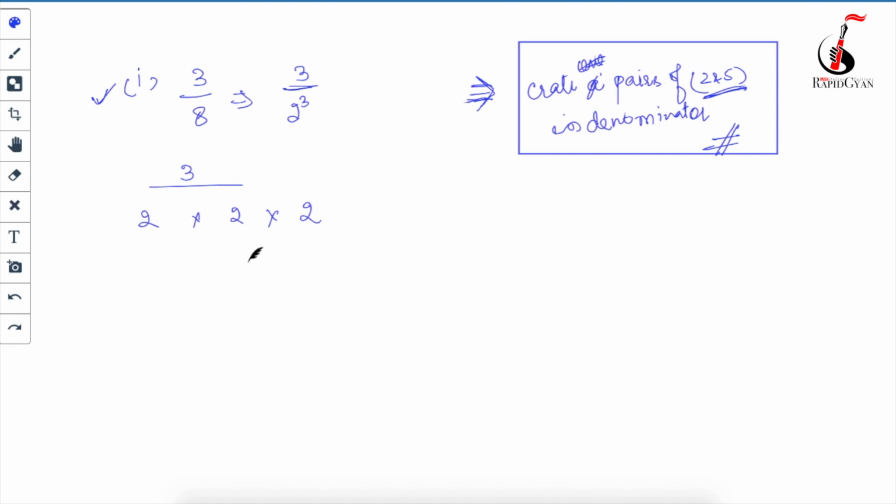In the denominator, only the pairs can exist. Alone 2 cannot exist, alone 5 cannot exist. You will have to do something to ensure that 2 and 5 are not left alone. So here there are three 2's, so what I will do? I will simply multiply three 5's like this.